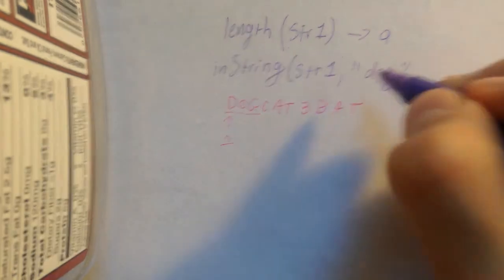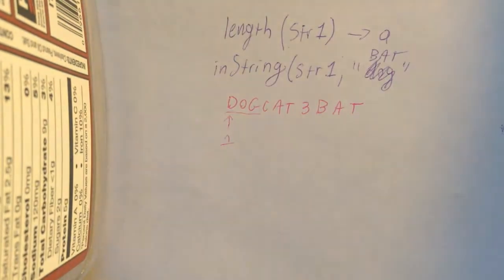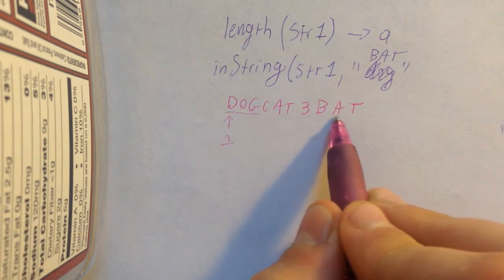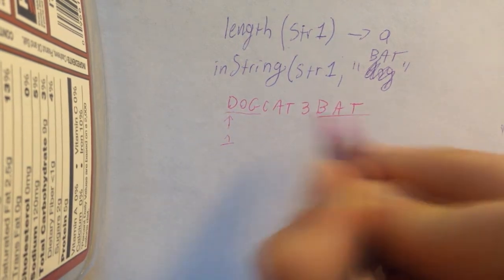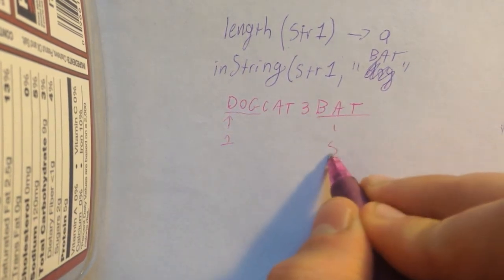If I say string 1, comma, bat, it'll search for bat, so it goes no bat, no bat, no bat, and then it says, oh, I found a bat. So it goes 1, 2, 3, 4, 5, 6, 7, 8. It'll give me a value of 8.